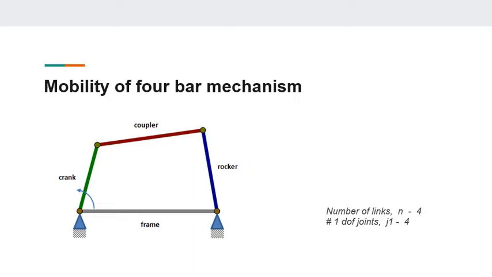So the number of links is 4, and these links are connected by 4 revolute joints. So the j1 value is also 4. Substituting these values in Grübler's criterion, we get the degrees of freedom of the 4-bar mechanism as 1. So to control the 4-bar mechanism, we need just one actuator.